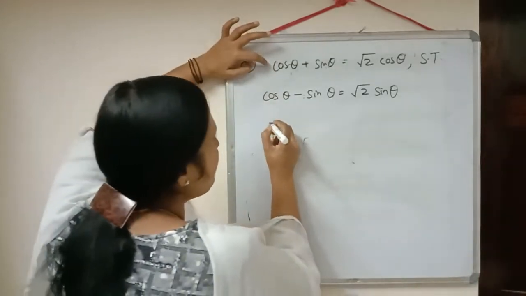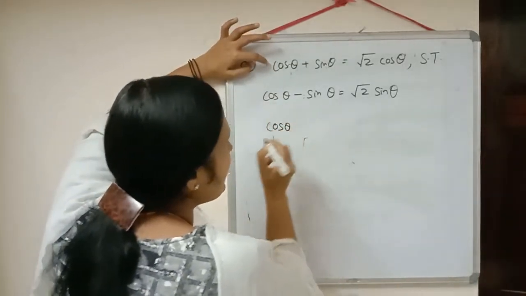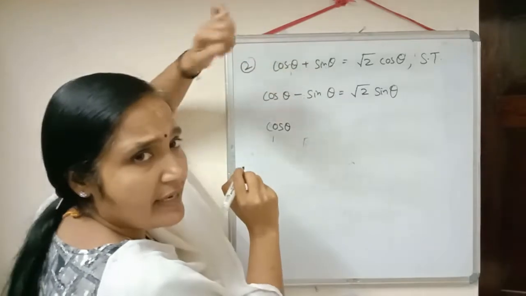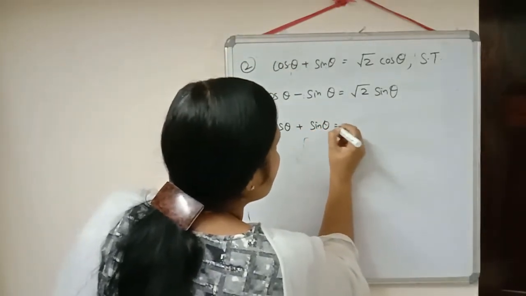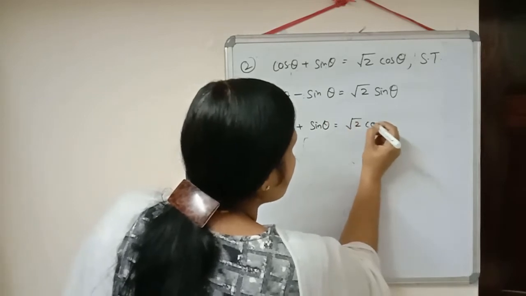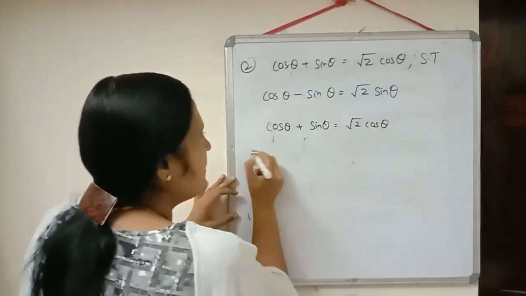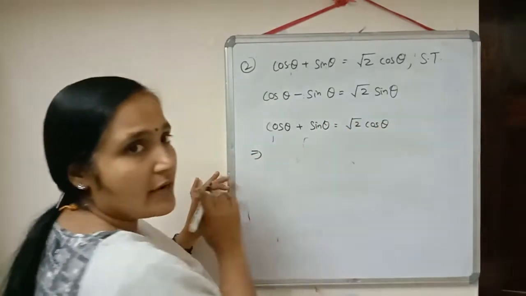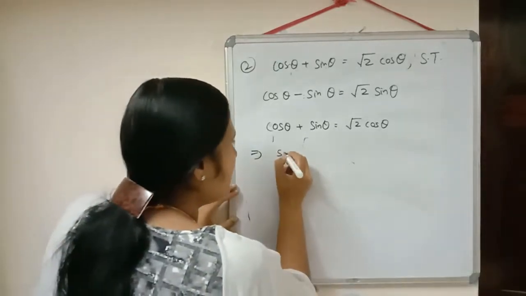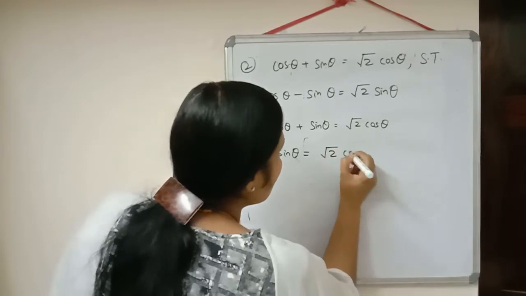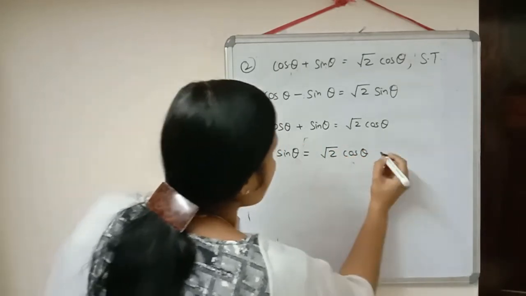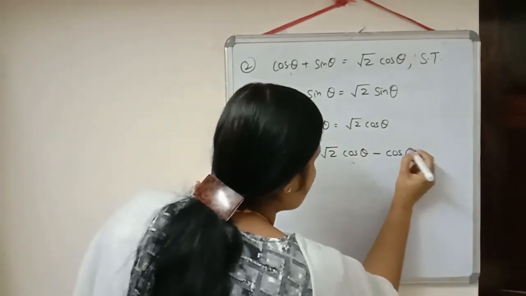In the given information we have cos theta in the left hand side and in the right hand side also. So first we'll shift the terms in which cos theta is there to one side. I am shifting this cos theta to the right hand side. Then sin theta is equal to root 2 cos theta minus cos theta.